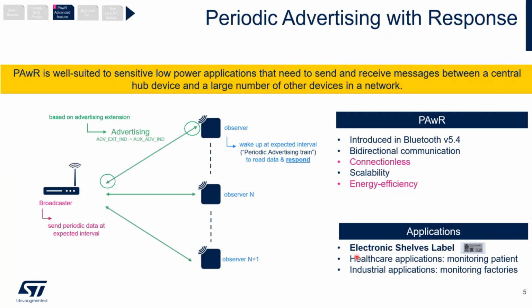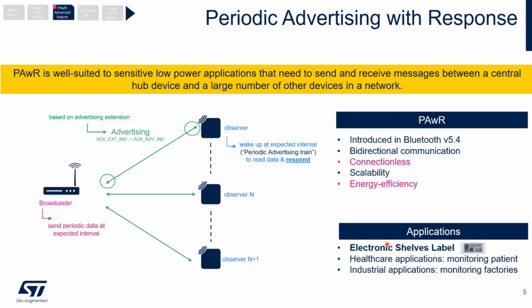What are the applications behind? The first one is the one that you might have heard a lot already, which is the electronic shelf label, okay, those small, tiny devices that you will find in all supermarkets in the world, which are today, by the way, wireless, based at times on sub-gigahertz, 2.4 gigahertz, and now becoming more and more based on periodic advertising with response, okay. You've got the hub in the supermarket capable to update any tag or to receive any data from the tag.